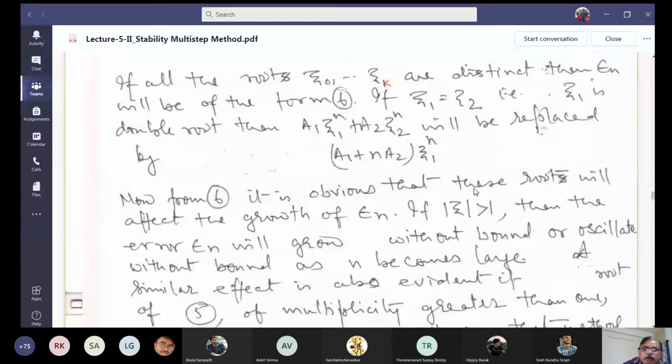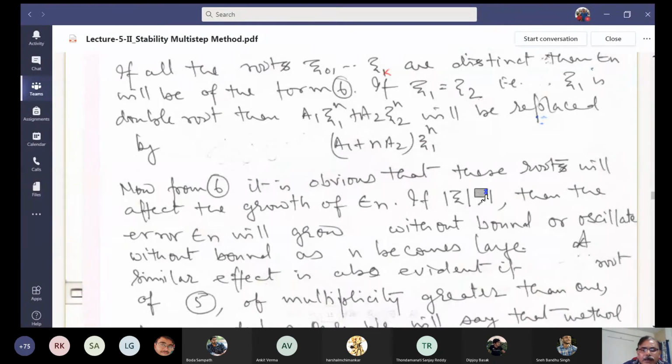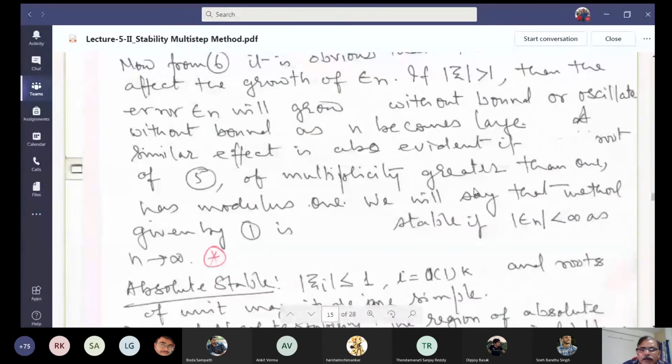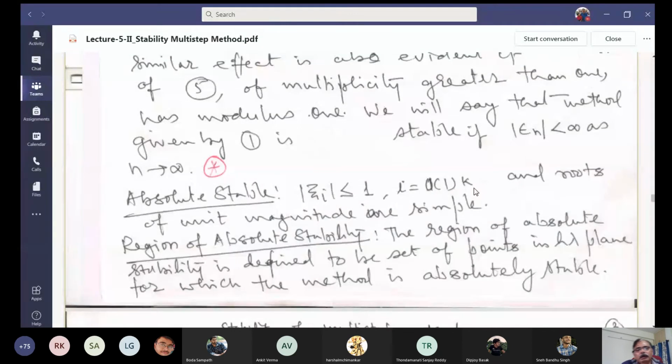So for stability, the roots have to be inside the unit circle, and any root on this circle has to be a simple root. The region where it is stable is called the region of stability, and since the magnitude is taken, it is called absolute stability. That's how the term absolute stability has come.